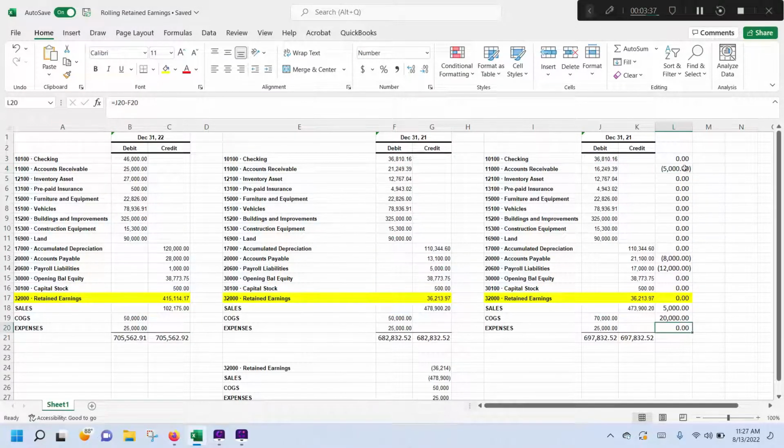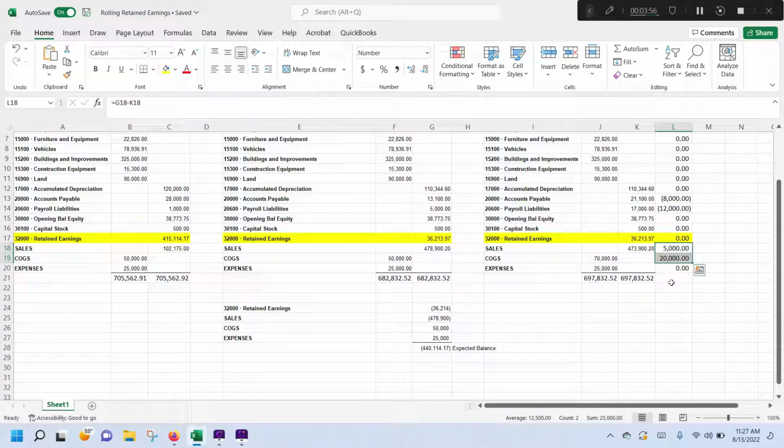You go down to accounts receivable. When you gave me the trial balance last year, it was 21,000. A journal entry was recorded on your end, which reduced it by 5,000. So go all the way down and you identify all these discrepancies, and you see this was the ultimate effect.